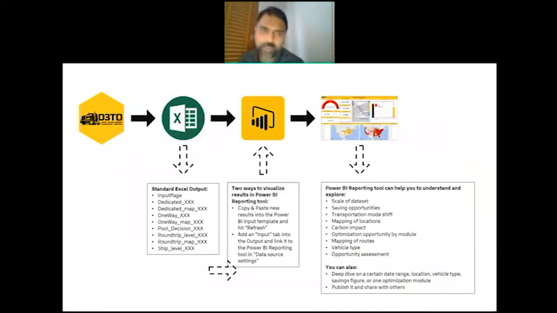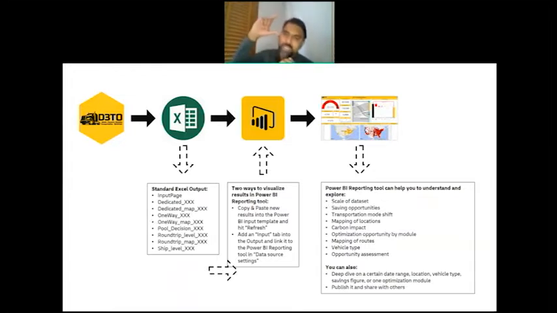You take this output, and what we also have done is we have automated a process where we have combined our tool with Power BI and created these dashboards, which will give you results in a way you want to show to your customer, or you want to show to your internal stakeholders, or in your case, it could be your school, your projects, right? And all it does is take the output from D3TO, put it in the customized code that we have developed for visualizations in Power BI, and give us different bar charts which show the benchmark state or the current state and the output state, and show how the modes were changed.